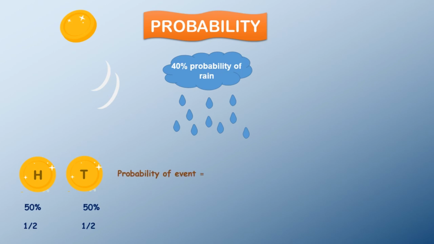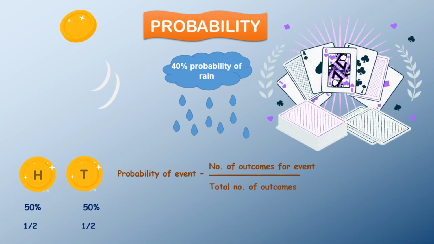So the general formula for calculating probability is simply dividing the number of outcomes for a desired event by the total number of outcomes that can happen. So let's say I have a deck of cards, and I randomly pick a card where each card has an equal chance of being picked. Then the total number of outcomes I can get is all the 52 cards.